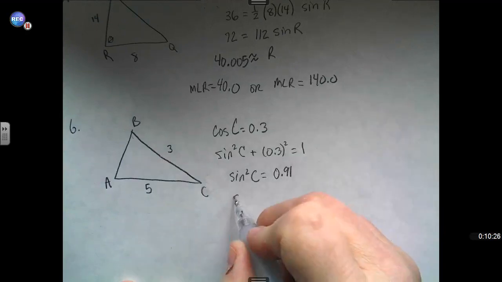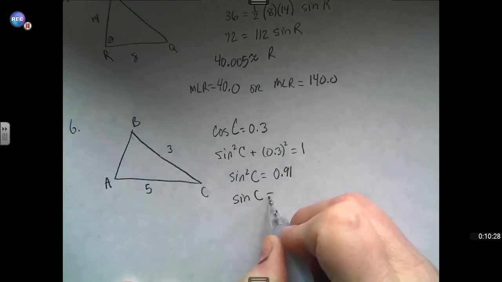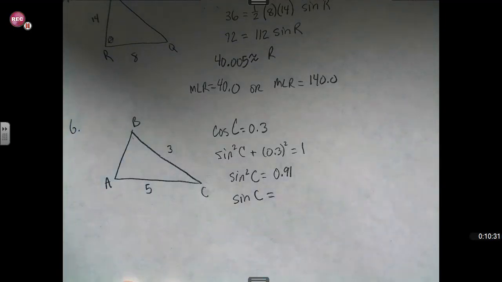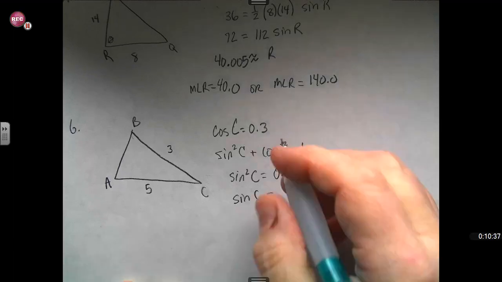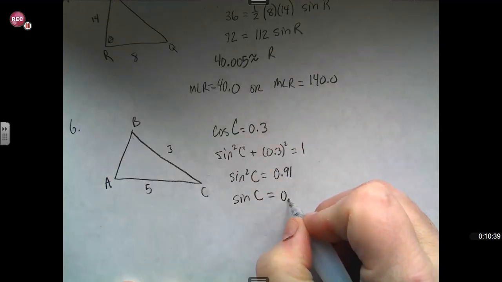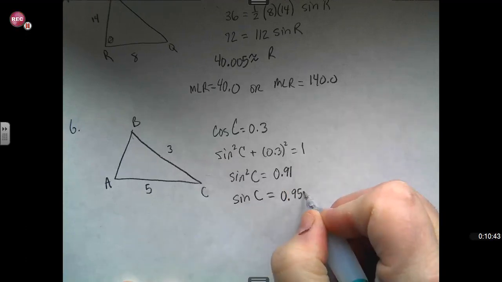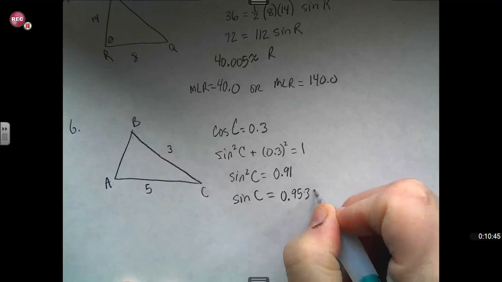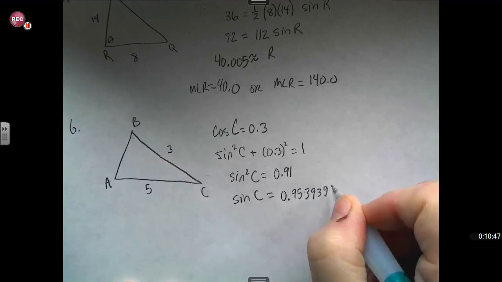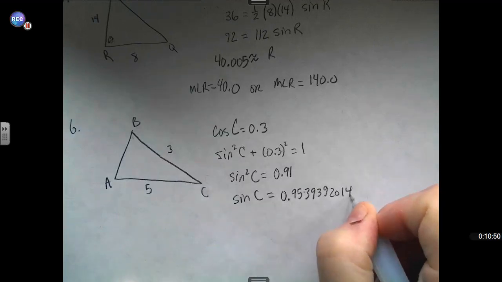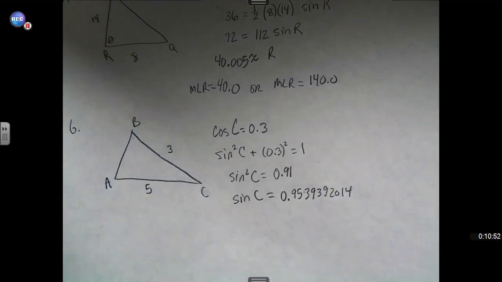We would take the square root of that and get that the sine of c is not a pretty number, 0.9539392014. Pretty sure on the test that comes out to be a much nicer number.